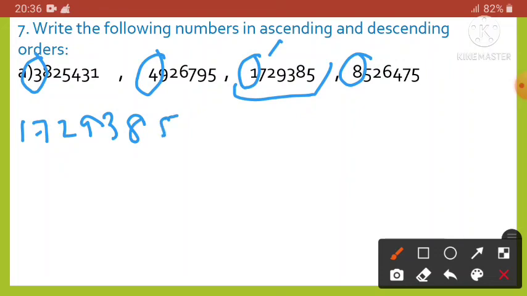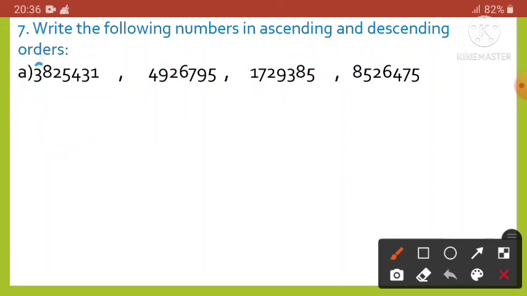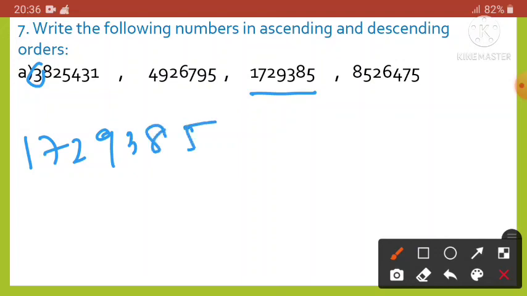Then we have to write the second smallest number. So what will be? Here is the 3. So the first number already we got, here it is 1272985. Then next smallest number will be 3825431.